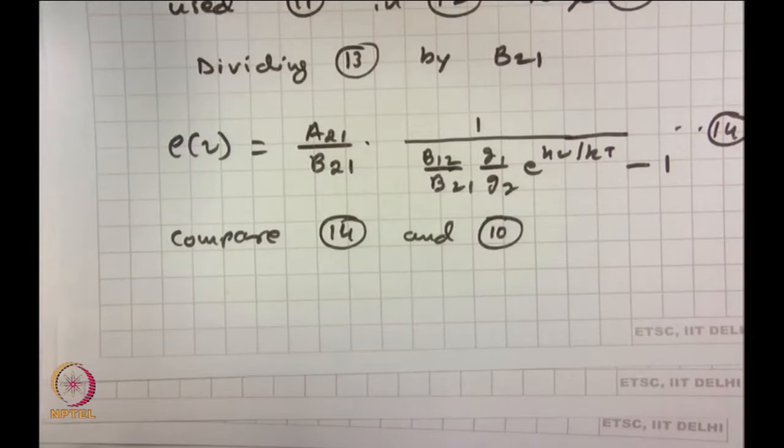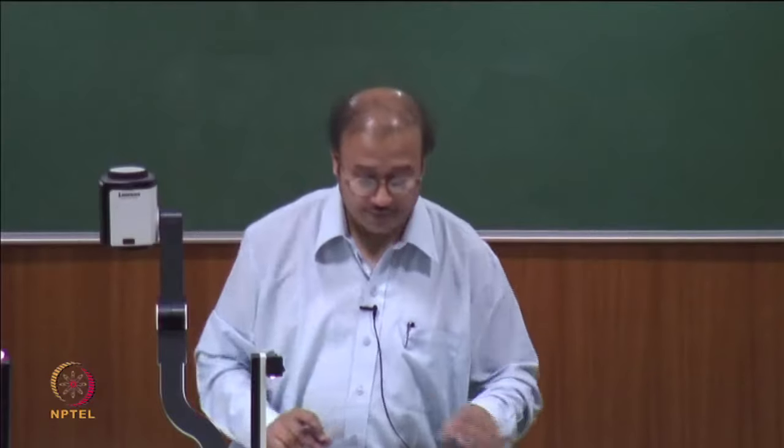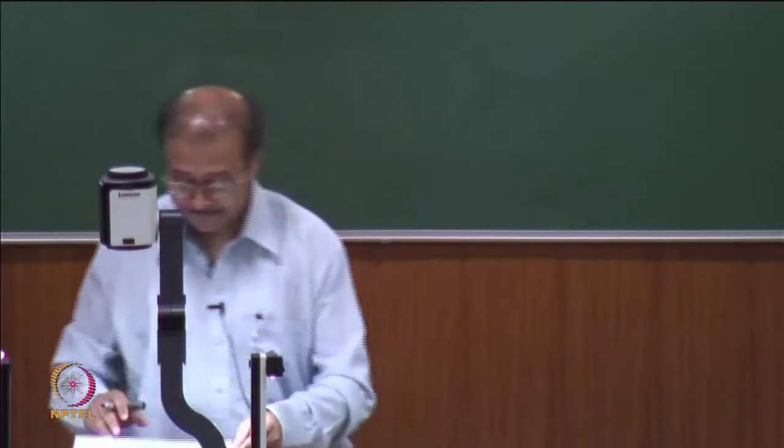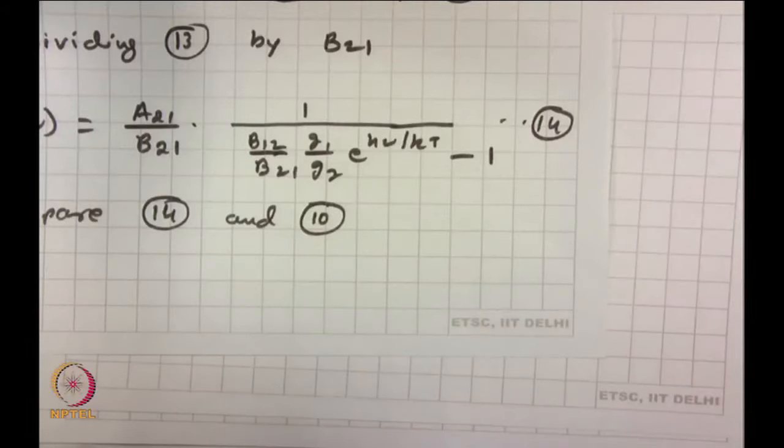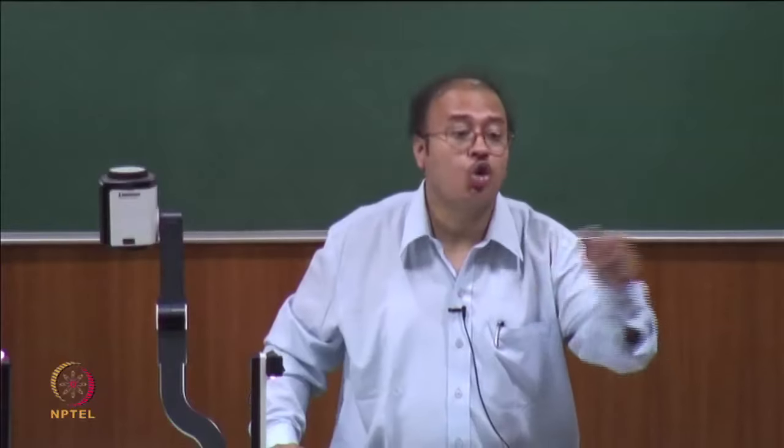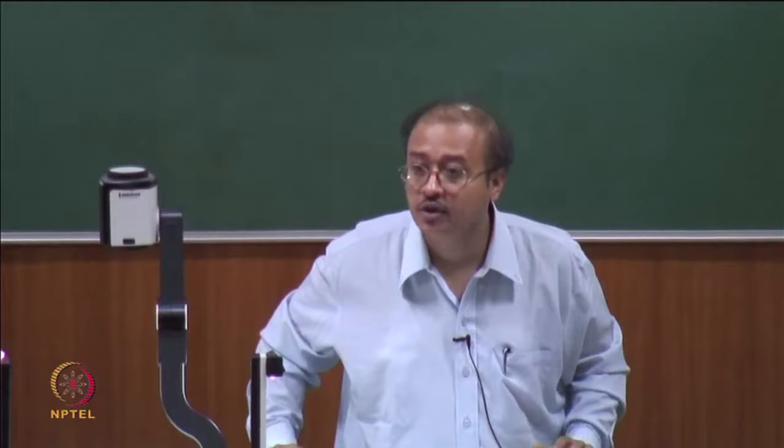Compare 14 and 10. If you compare 14 and 10, what would you have? So, for example, 14 or 10 has two factors. The first factor is 8 pi h nu cube over c cube, which should be equal to what? A21 over B21. The next factor for 10 is 1 by e to the power h nu by kT minus 1. We already have minus 1, we already have e to the power h nu by kT, but what is the coefficient in terms of e to the power h nu by kT? 1.